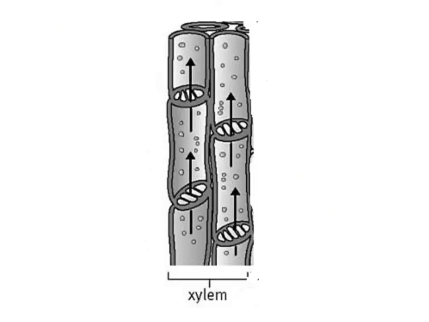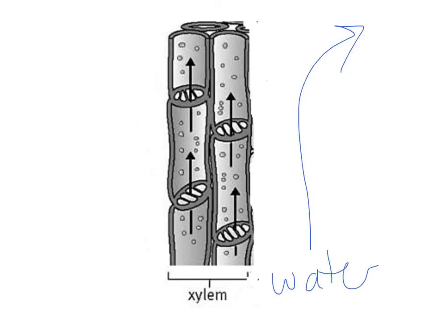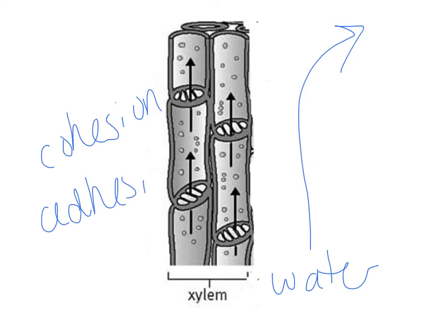So let's apply some of these properties of water then. So if I have a lot of water down here at the bottom, because it came in down at the roots, and I need to get that water up the tree. I need to get it up to the leaves for photosynthesis, and it's naturally being pulled up out through those stomata. Well, those water molecules, remember, are cohesion and adhesion. So those water molecules are attracted to one another.